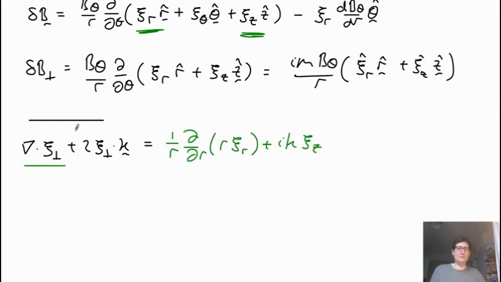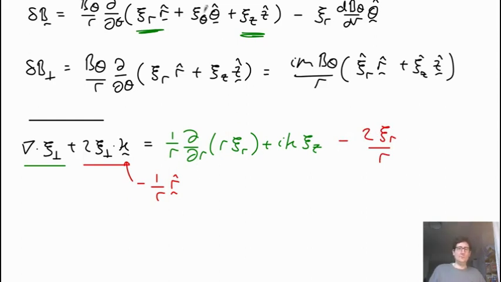That's the divergence of xi perpendicular. This part we get from kappa. Kappa is just 1 over the minor radius times the unit vector in the r direction. It's minus because it's inwards in r, and so the whole term becomes minus 2 xi r over r.